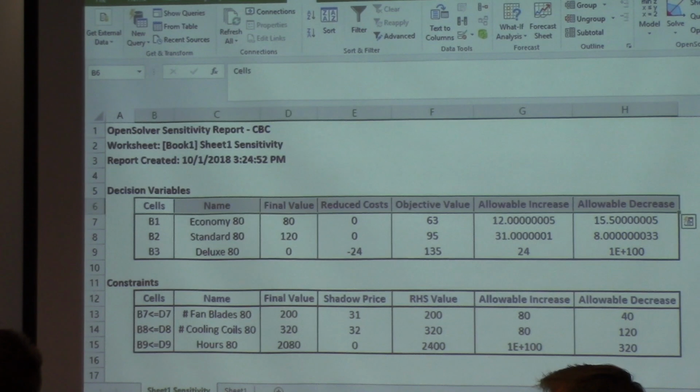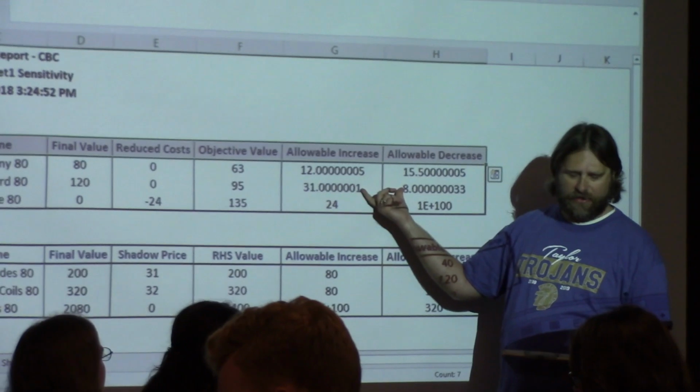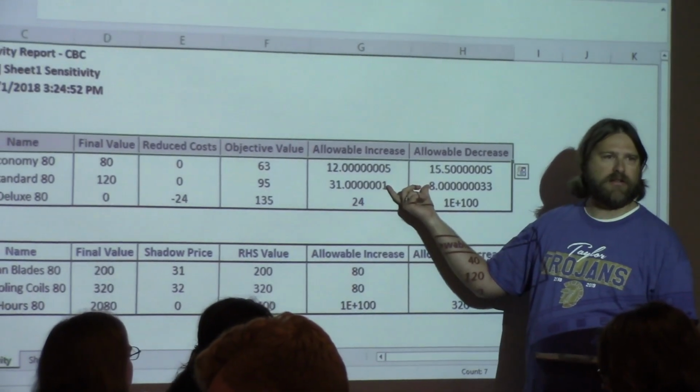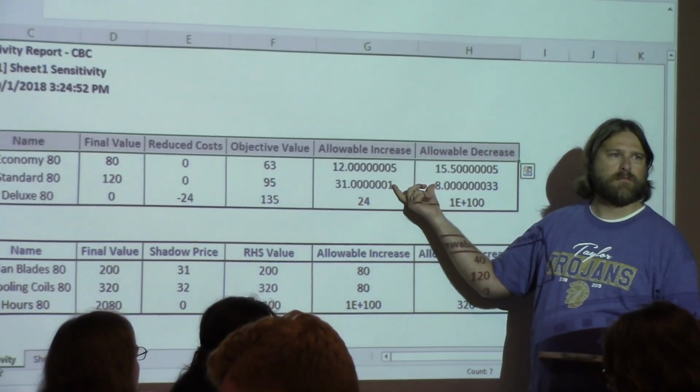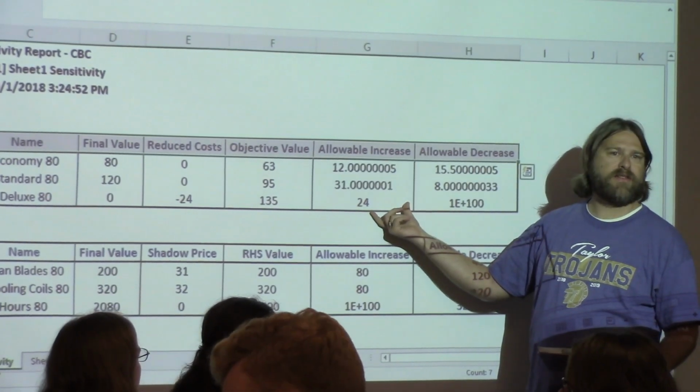So the range of this coefficient right here is between 47.5 and 75. If it's within that range, it's not going to change your optimal solution. You can do the same thing here, and you get between 7 and 126. And here, it's less than 159. Okay.